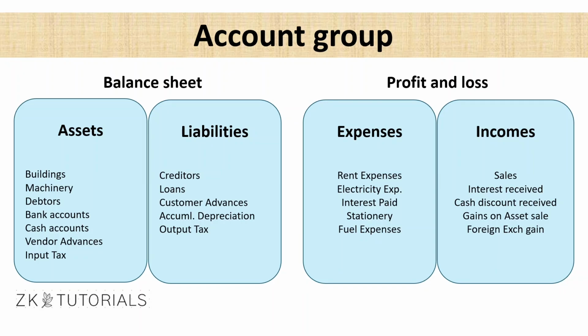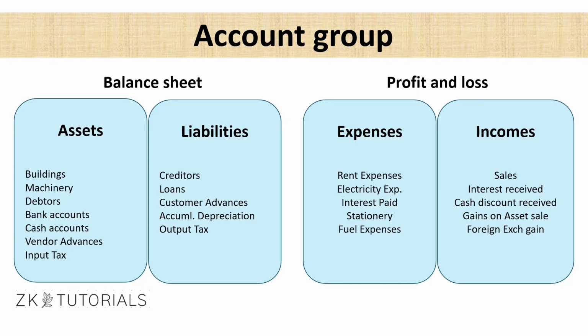And when we pay it, it becomes an expense. In the same way, whenever we pay any interest on the loans or anything, it becomes an expense. So for this, we will create a separate GL account called interest. And for stationery also, we'll create a GL account, and for fuel expense, any type of expenses, we will be creating a GL account under the account group expenses.